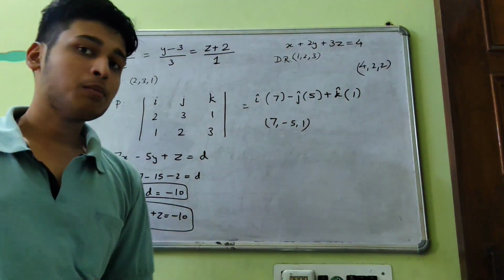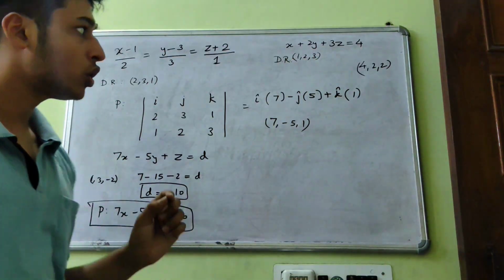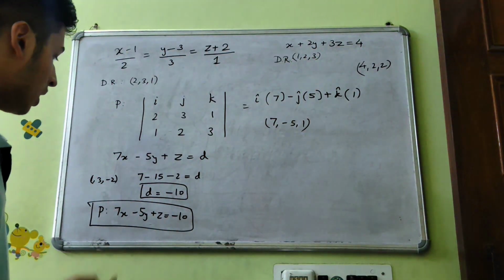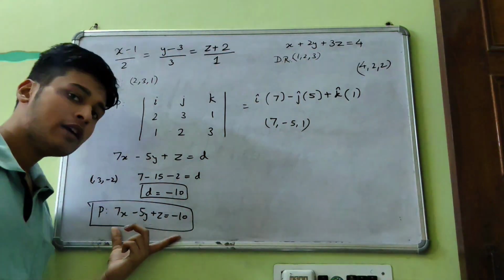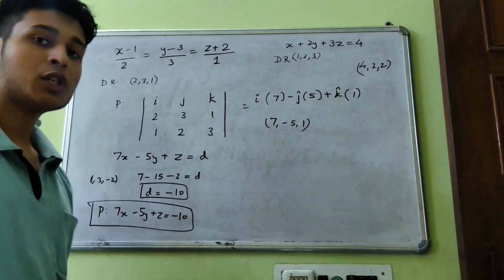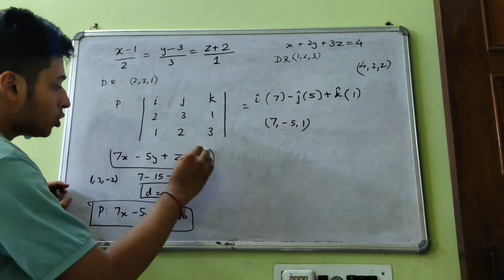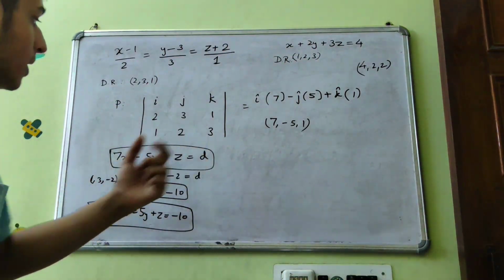Now P1 is the plane that is parallel to plane P and passes through the point 4, 2, 2. A plane parallel to plane P will have the same normal as the normal of plane P. So the direction ratios of the normals will be the same. So this would also be the general equation of plane P1.